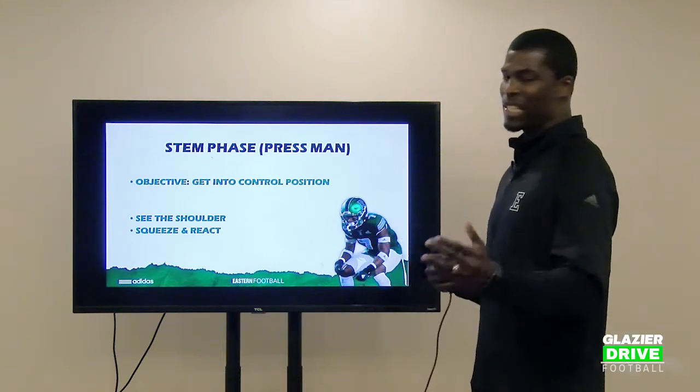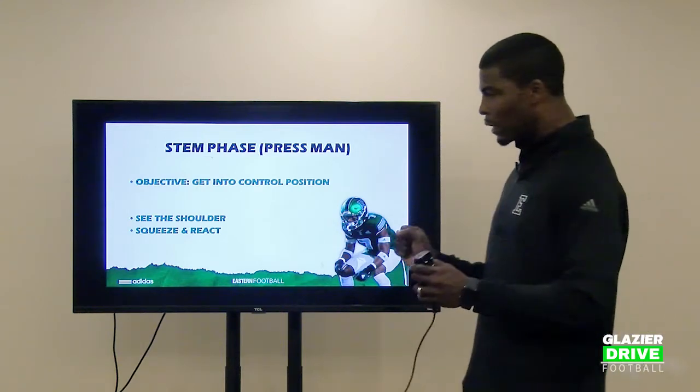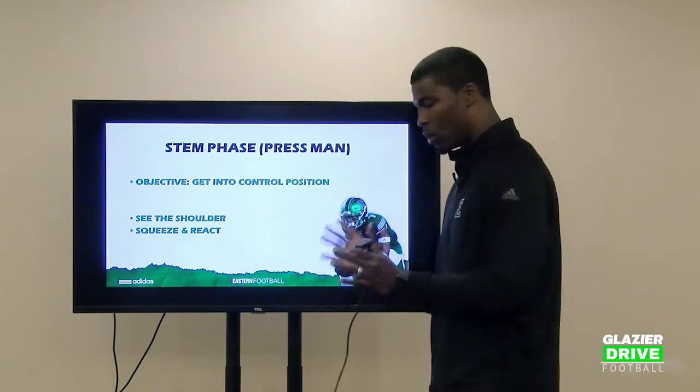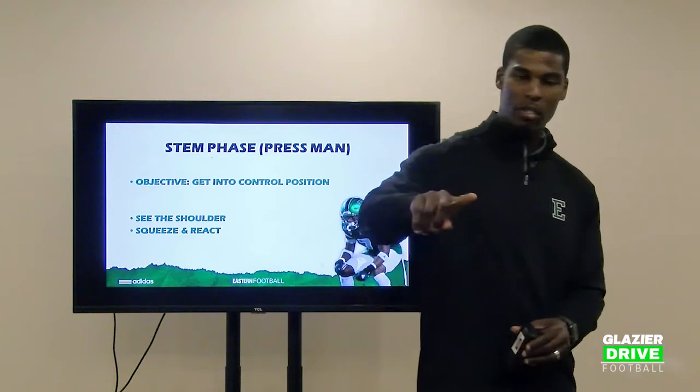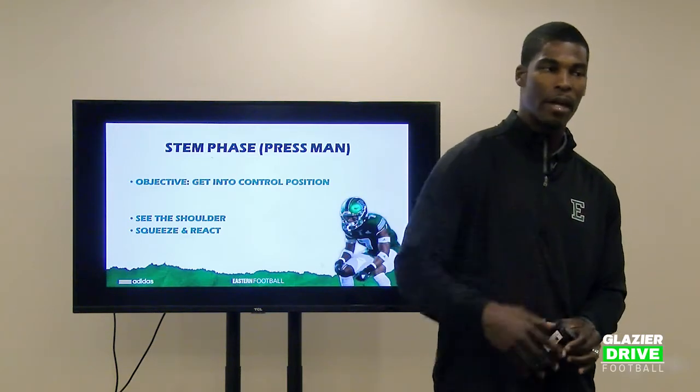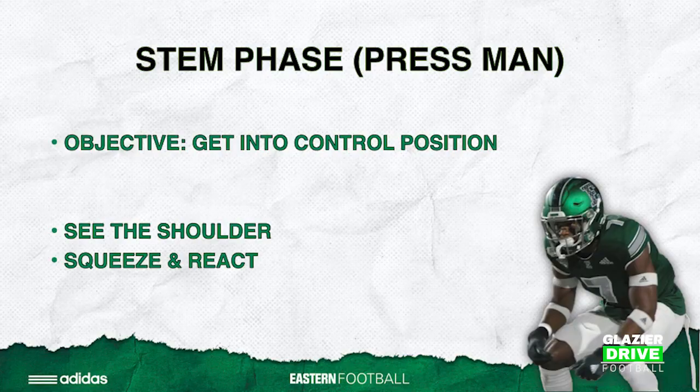Now, if there's any separation between the DB and that receiver, so we just work press and that receiver works so wide, if there's any space, this is what I mean by he's got to squeeze and react. He's got to squeeze and react. And I like for the guy to be able to see the shoulder, if there's any space.